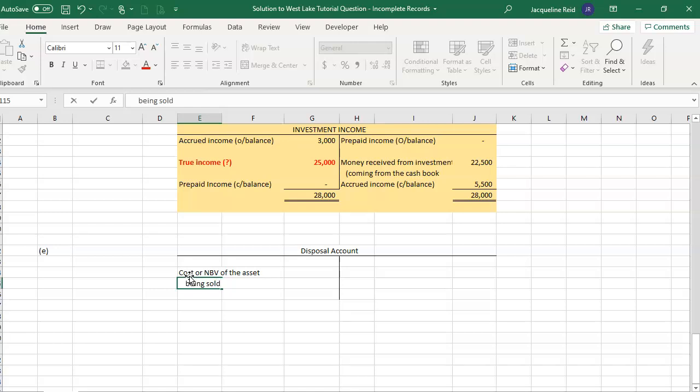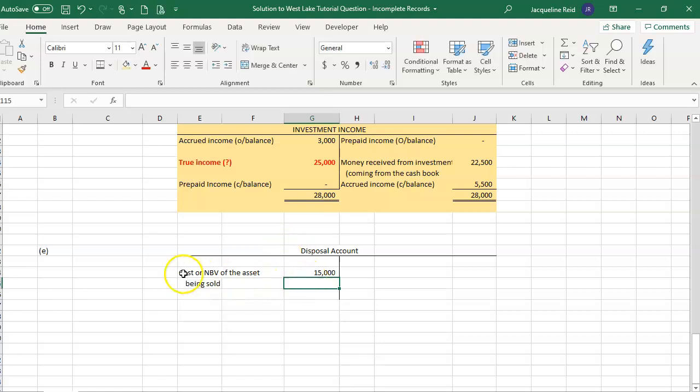Now, when you think of it, the asset was previously sitting in an asset account with a debit balance. So if you're going to sell any of those assets, you're going to have to credit the asset account, which means that you're going to have to debit the disposal account. And you were told in the question that the net book value of this asset was $15,000.